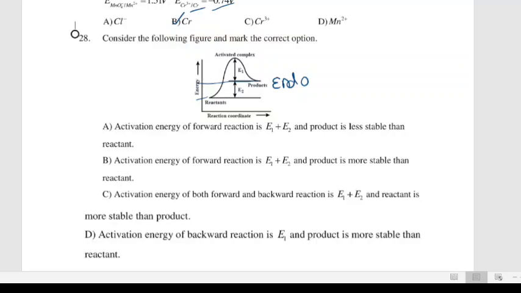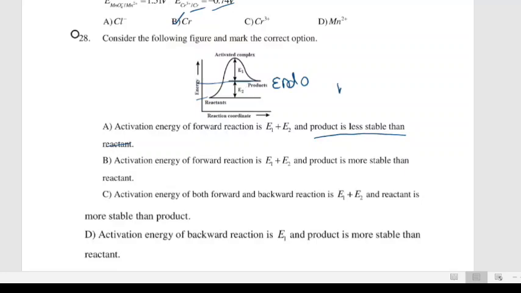Anyhow, let's get into the options now. The activation energy of the forward reaction is E1 plus E2. Yes, this is the forward reaction and this is the total energy of activation for the forward reaction, E1 plus E2. And here they have said that the product is less stable than the reactant. The product has higher energy when compared to the reactants.